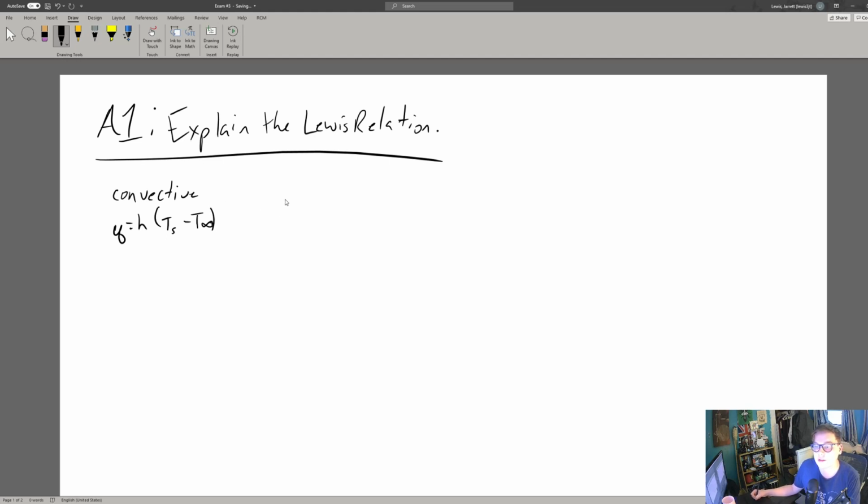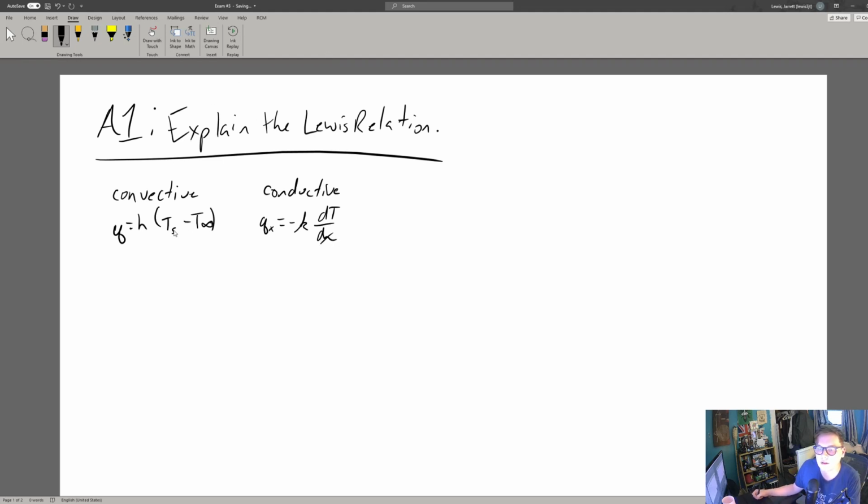And for conductive heat transfer, it's equal to the negative conductivity of the object times the change in the temperature over the change in distance.